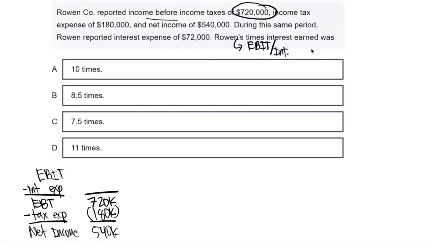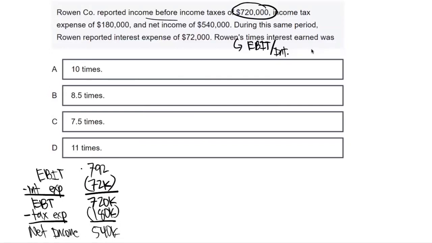And then yung ating interest expense is 72. So yung EBIT natin, EBIT minus 72,000 equals 720. So mas malaki si EBIT kaysa sa EBT, right? So magkano yung EBIT natin? 792. Alright. So 792.